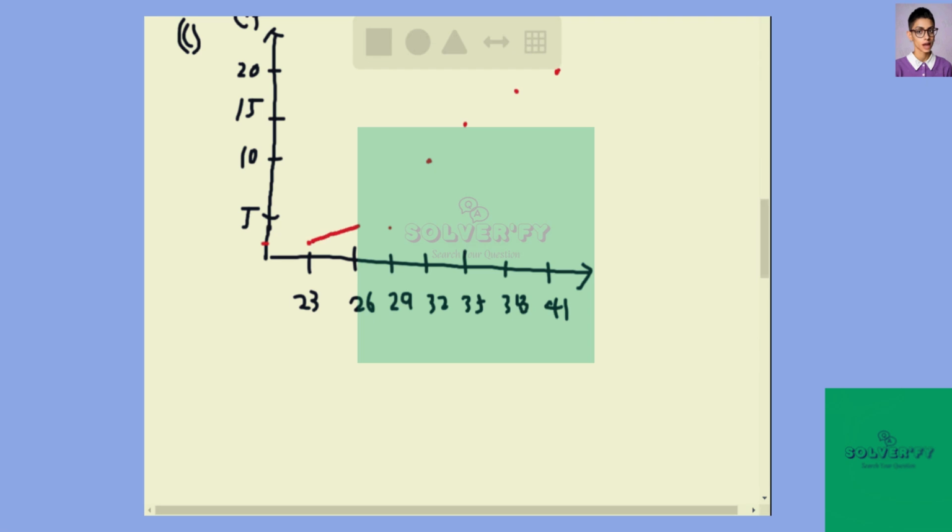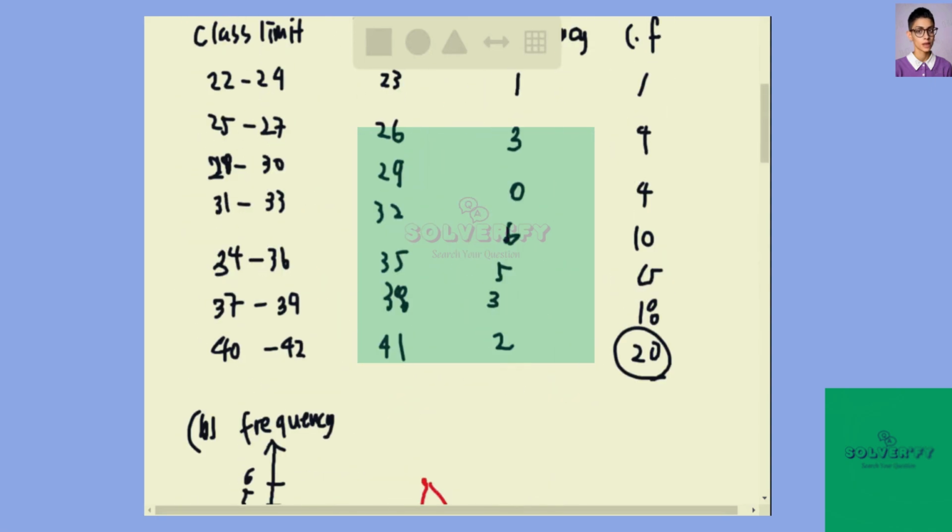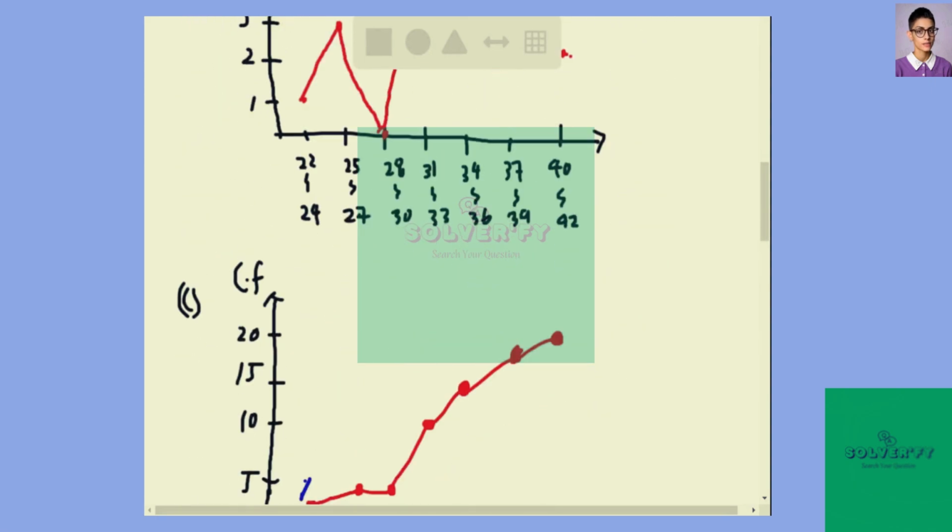So you just connect all these points. And if this is confusing, you can just label the cumulative frequency for each data point: 23 was 1, then 4, 4, 10, 15, 18, and the last one, 20.